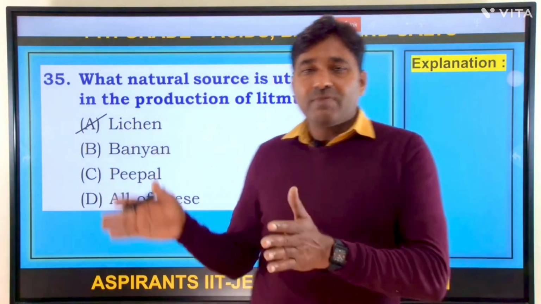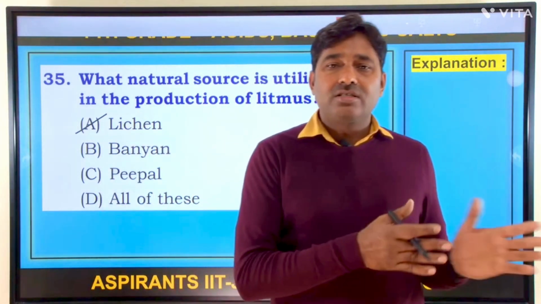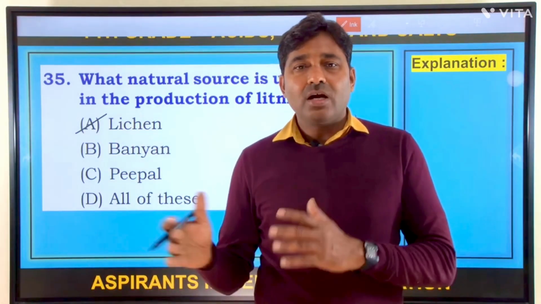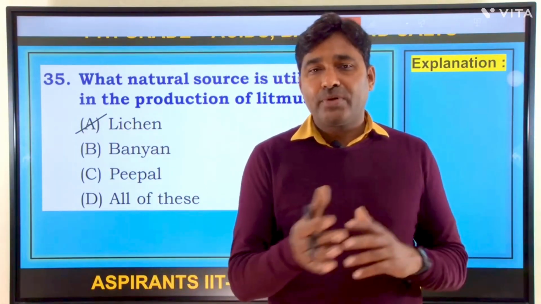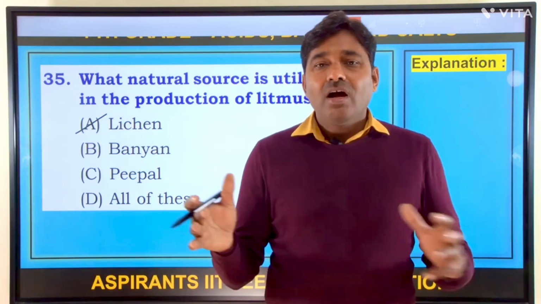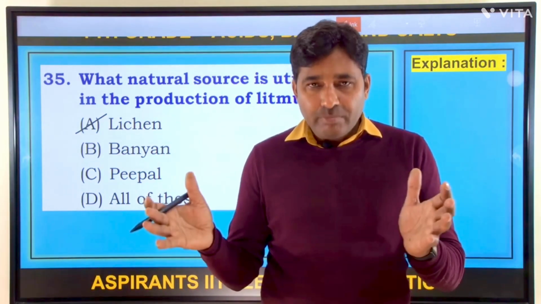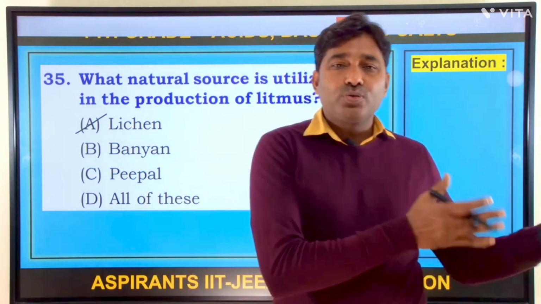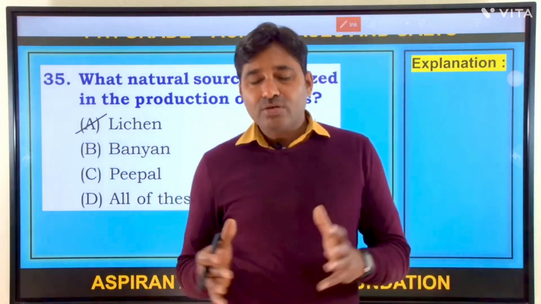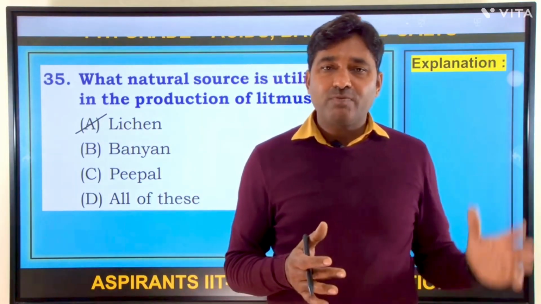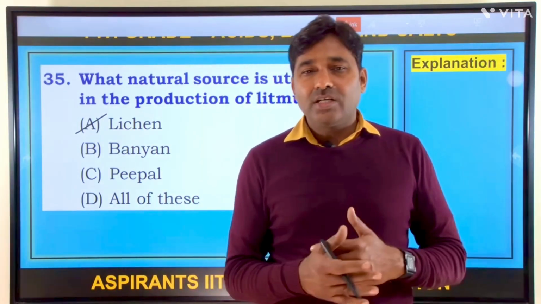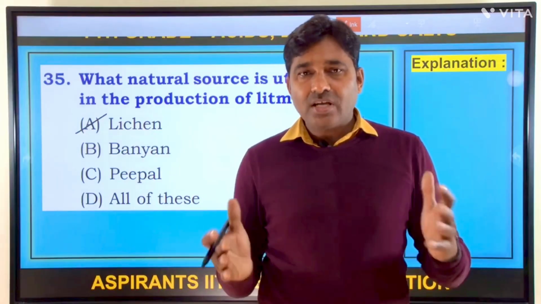Simply, first of all we dry the lichens, then pulverize them into a powder. That powder is mixed with chemical components like ammonia and lime. After that, the resultant mixture is subjected to aerobic fermentation for 2 to 3 weeks. After that, it gives a characteristic color.